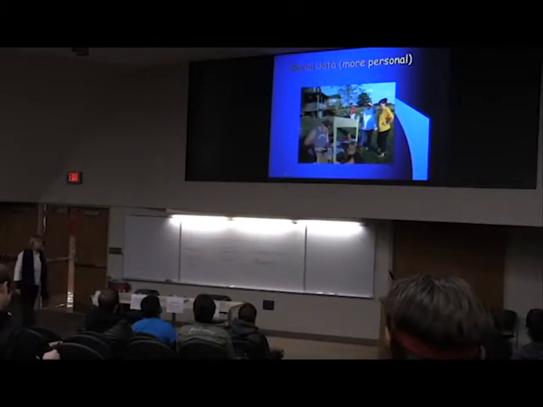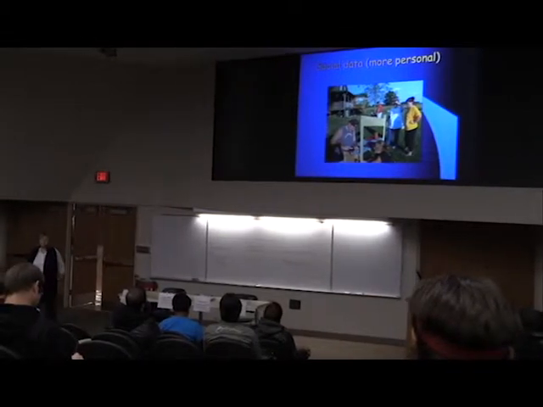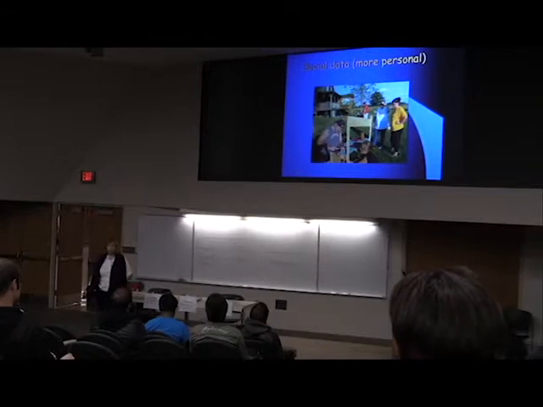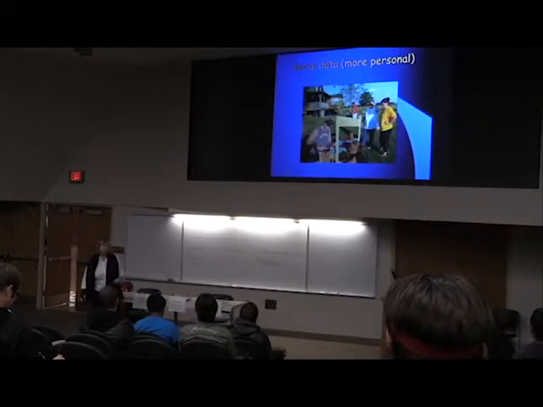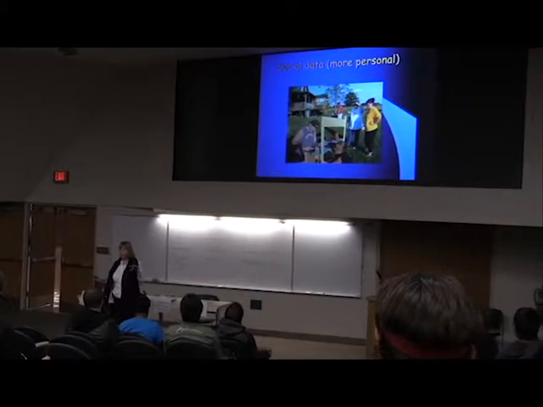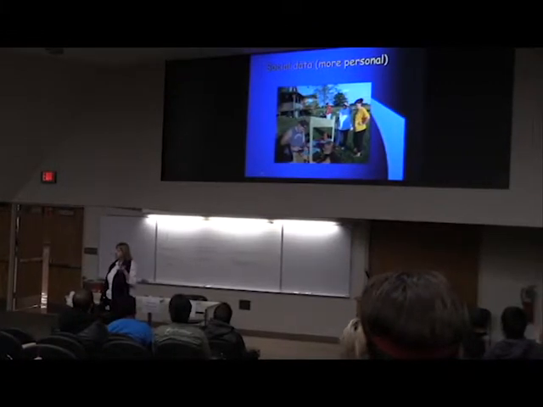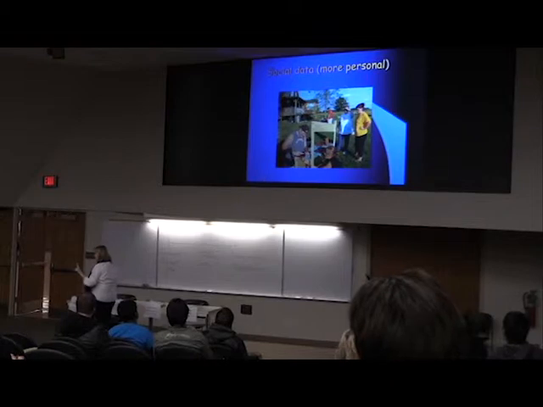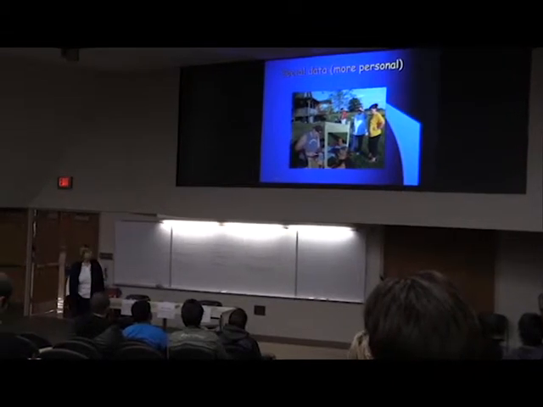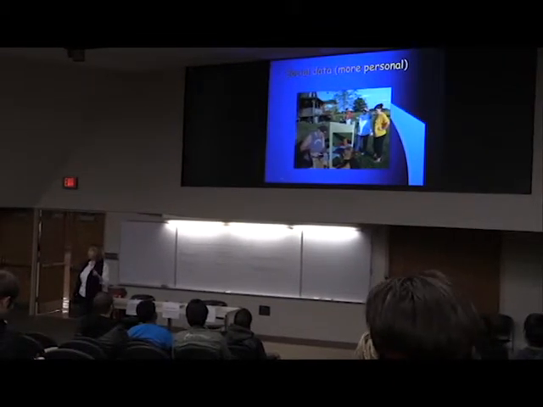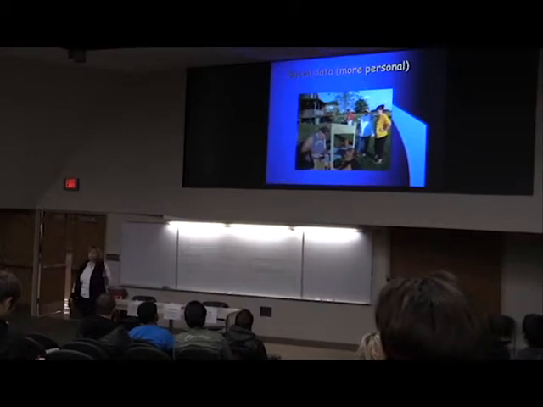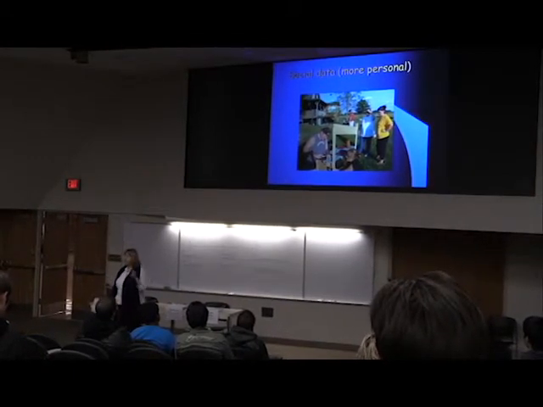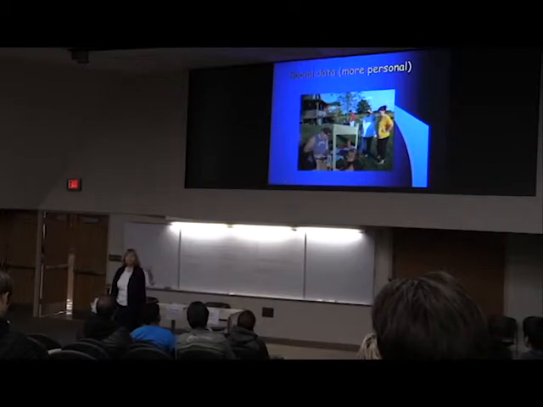As we move towards the middle of this continuum, we rely on what's known as social data. And usually this has to do with being a member of a group. So, in your class this semester, you were put into groups, and when you first got into those groups, you didn't know each other very well, if at all. But you did know something about each other. You knew that you were in the same class, you knew that you were going to be working in a group together, you knew that you were in college, you knew that you were in Pittsburgh, so there were some things that you already knew.